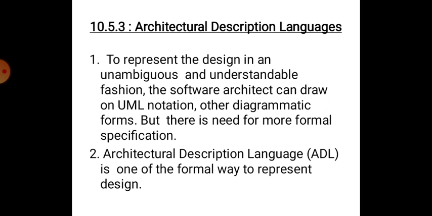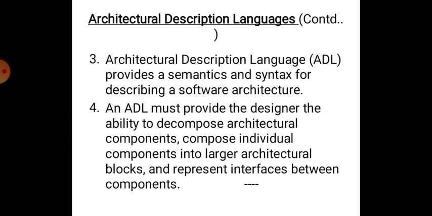Point number two, architectural description language, ADL, is one of the formal ways to represent design. Point number three, an architectural description language provides semantics and syntax for describing a software architecture.